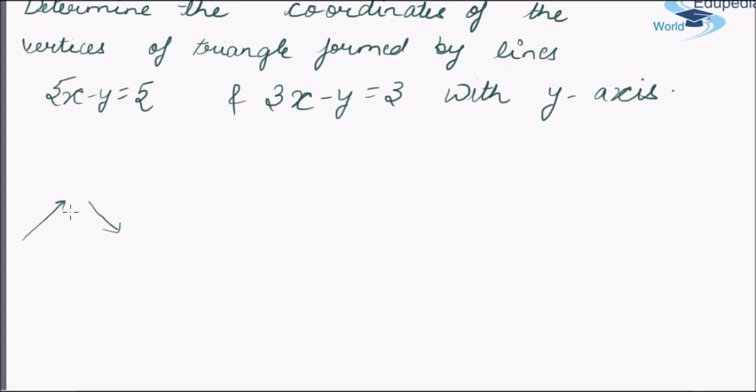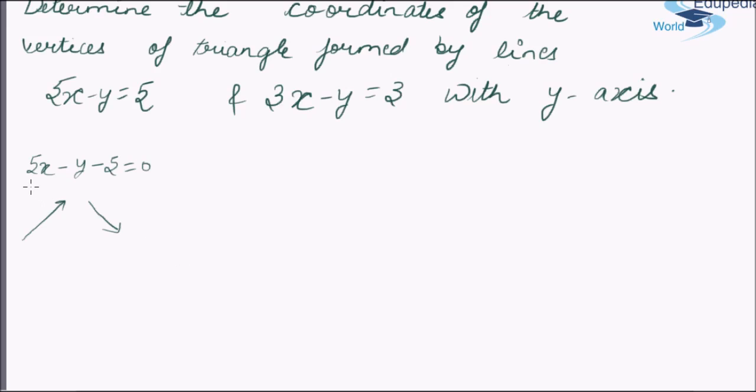First of all, if we have a line, write this line in standard form, that is ax plus by plus c, which is minus 5, equal to 0. That is, bring all the terms to left hand side and make the right hand side equal to 0.